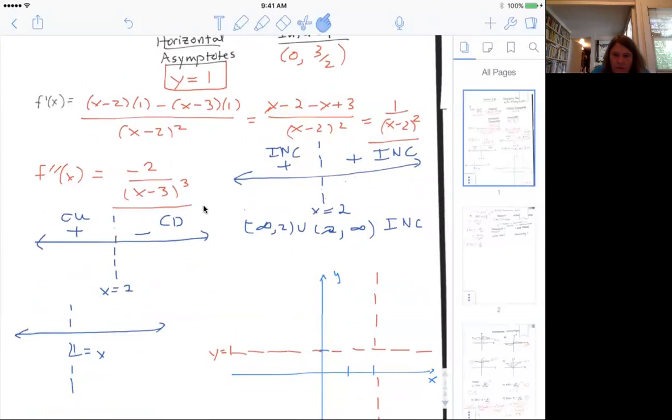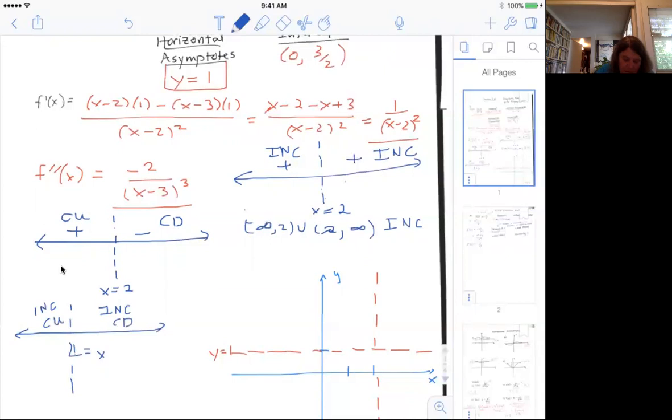I'll put that on there. To the left of 2, I'll have increasing and concave up.